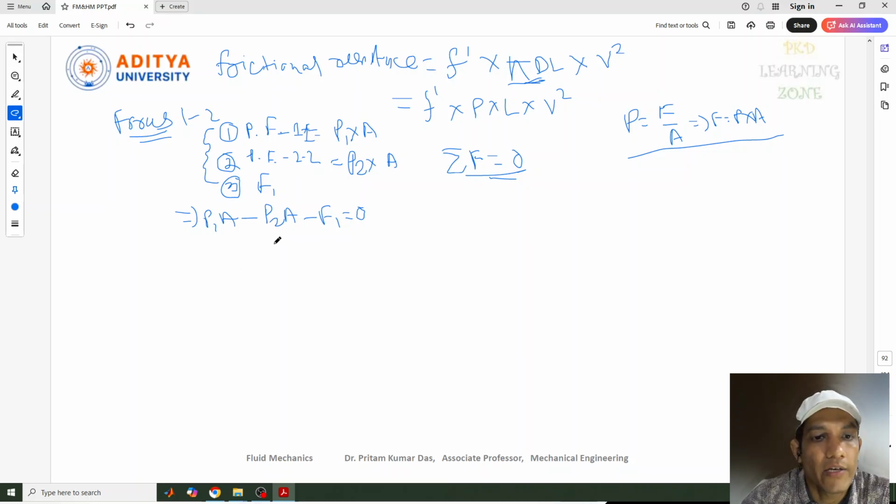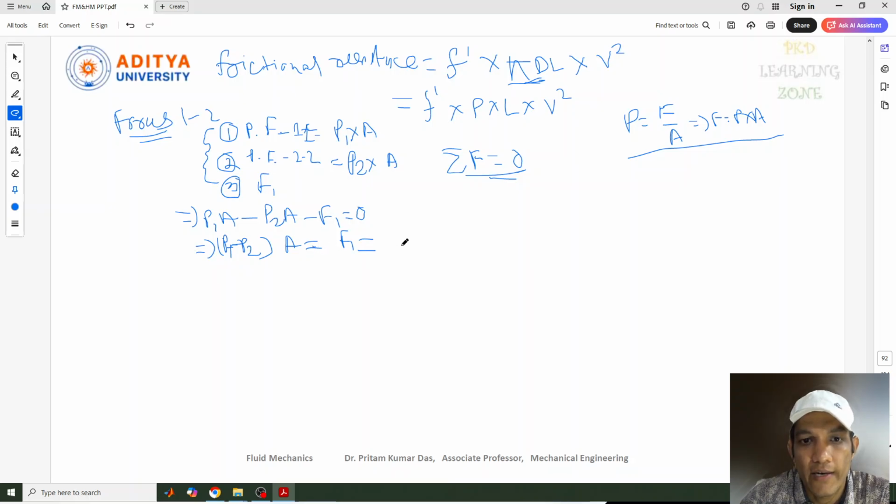Now we can write this PA, we can take common here. Let F1 take it to the other side. So P1 minus P2 bracket A equals F1. This F1 is, as I told, the frictional force, which is nothing but the frictional resistance.